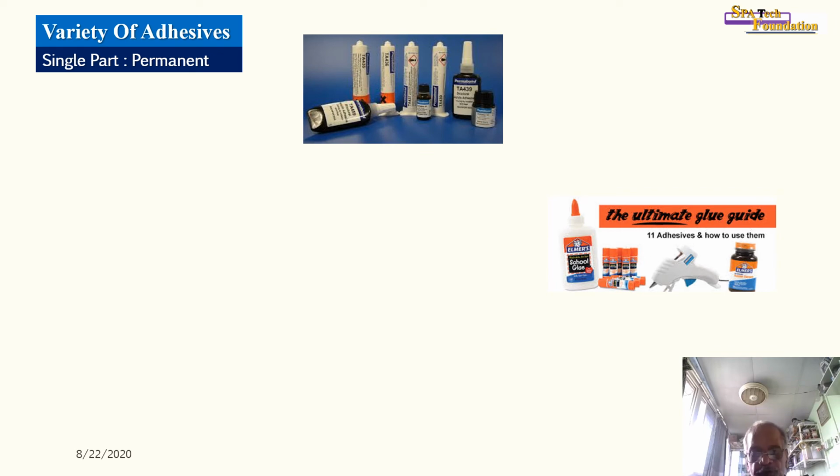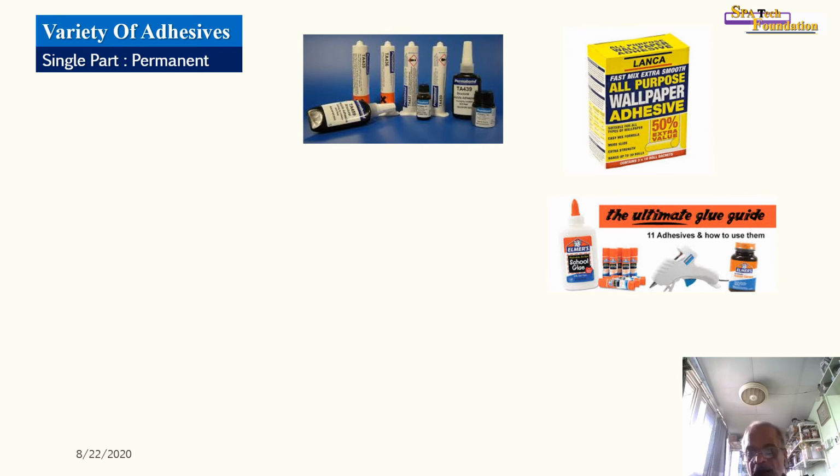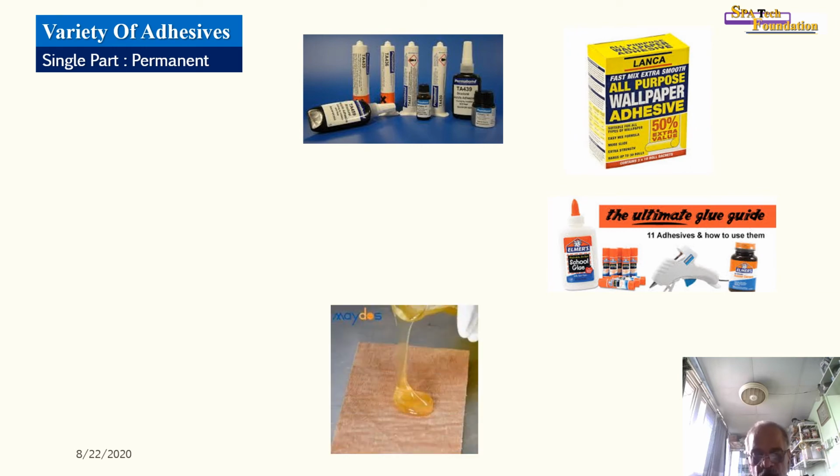Here are some photographs. You will find super glue and other kinds of adhesives that you are regularly buying. This is how you take out the adhesive on the substrate to be coated in the form of a bead and then you can spread it.